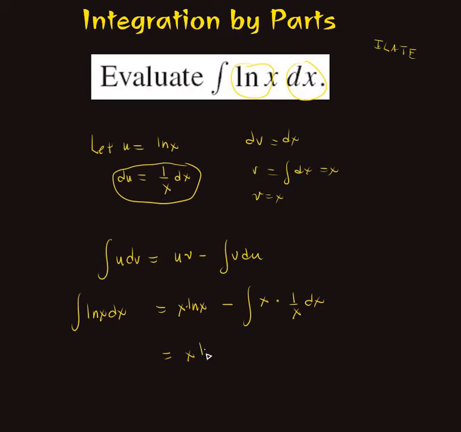This is x natural log of x minus the integral of dx. What's the integral of dx? It's just x. So the answer is going to be x natural log of x minus x plus c, that is the integral of natural log of x dx. Voila, simple, right? Okay, great.